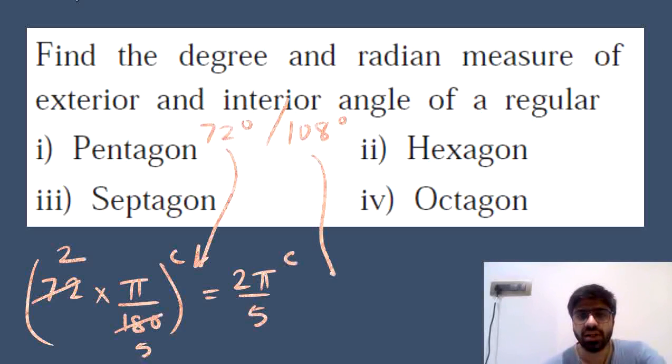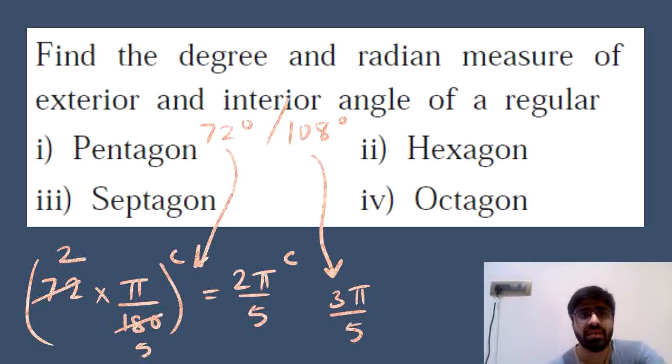And if we convert 108 from degrees to radians, that would be 108 into pi upon 180. 36 into 3 is 108, 36 into 5 is 180. So we have the measure of interior angle as 3 pi by 5 radians. Okay, that is the measure of interior and exterior angle for a pentagon.